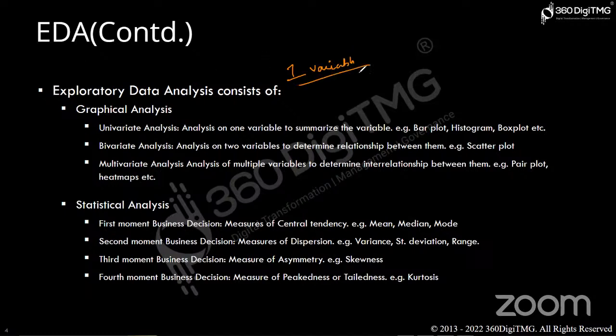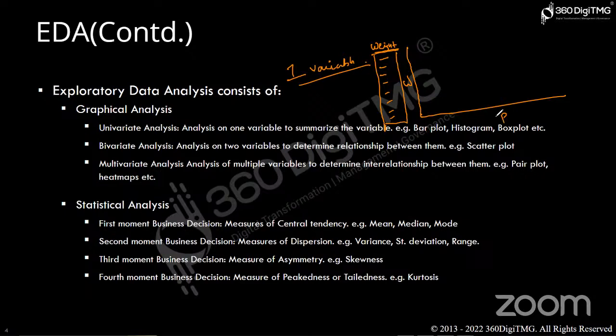Let us take an example. Suppose I'm having a variable which is weight, the weight of all the people in a class. So we'll have certain values of this weight, and based on these values, we will draw a graph of person and weight.